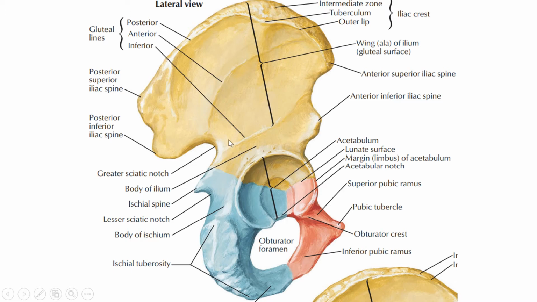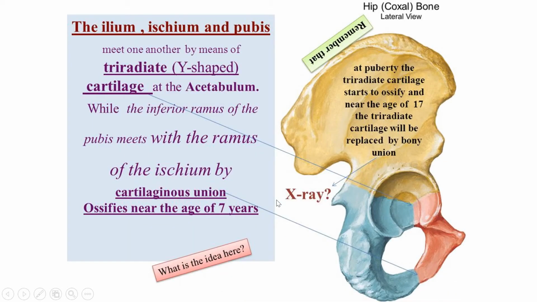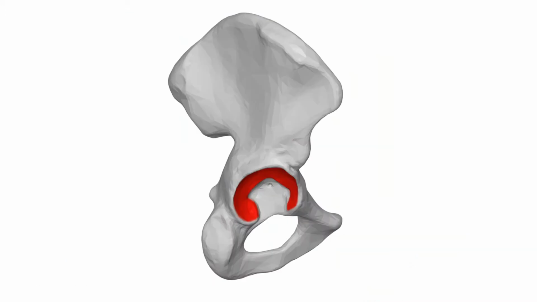Here again, you can see the ilium, ischium, pubis, and the acetabulum is formed by the union of these three structures. And here we have the lunate surface and then the acetabular fossa. In this diagram, you can see the lunate surface.